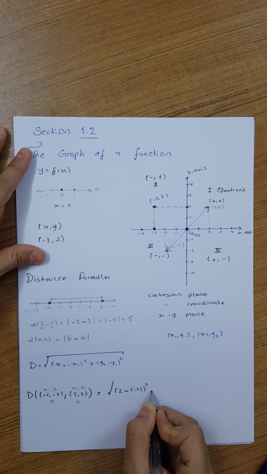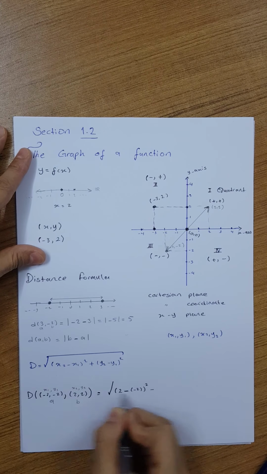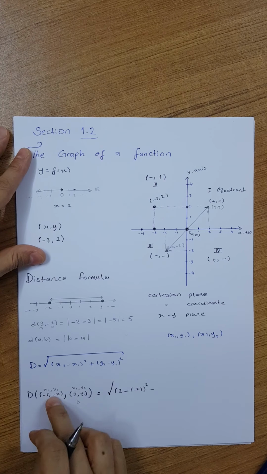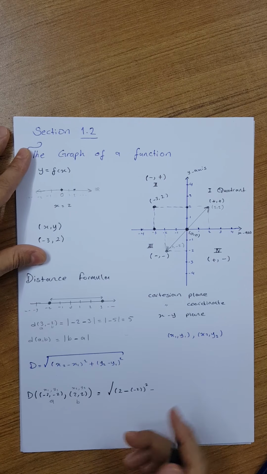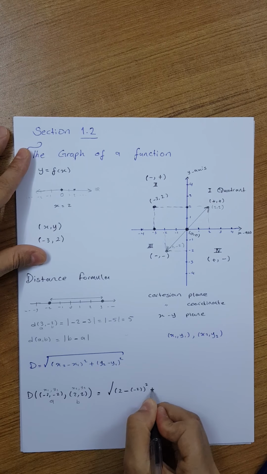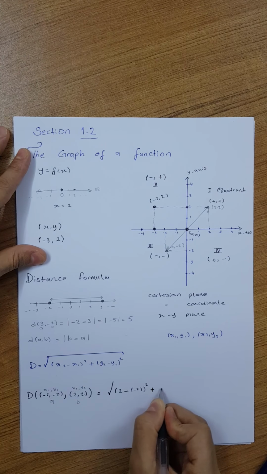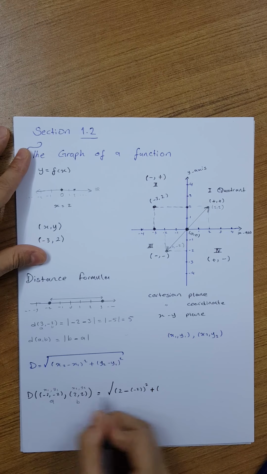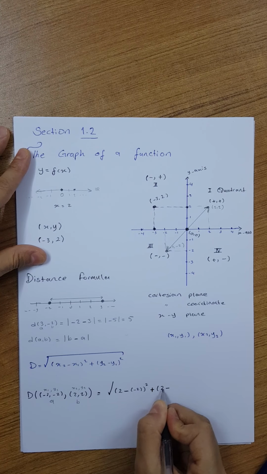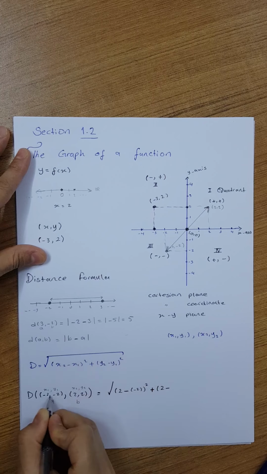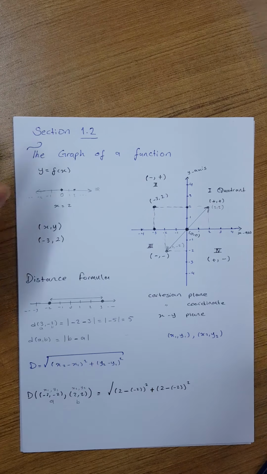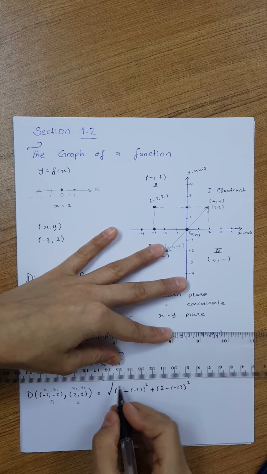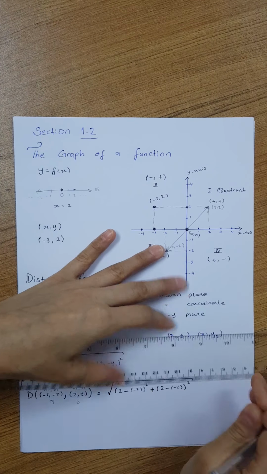Please do not make mistakes while putting these numbers back into the places of the x's and y's. Then plus, I'm grabbing that plus from the rule and put it here. y2 is 2 minus, I'm grabbing it from the rule, y1. y1 is negative 2, so that one is again negative 2 squared, all under the square root.